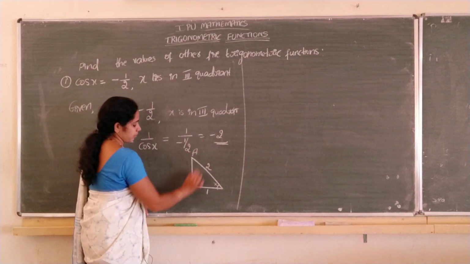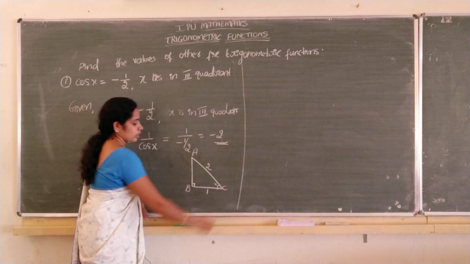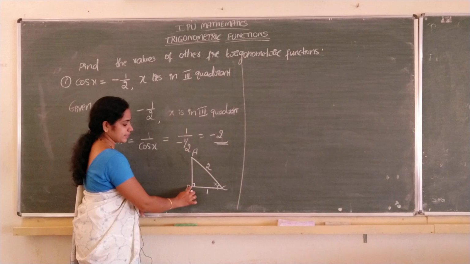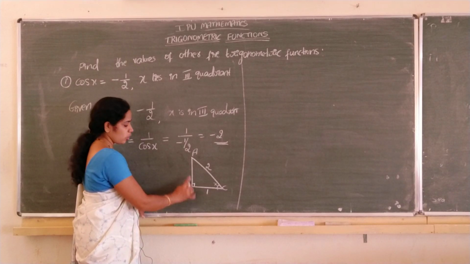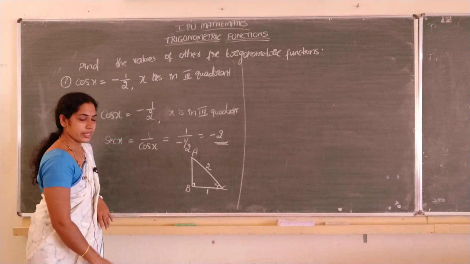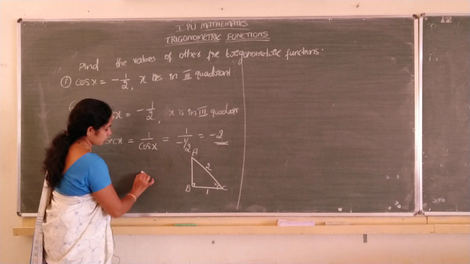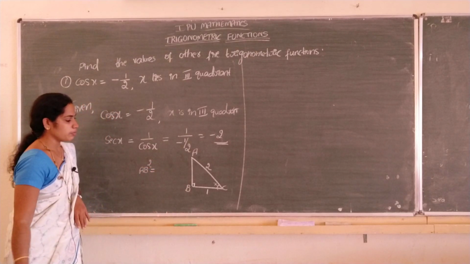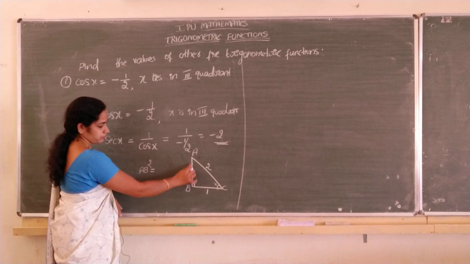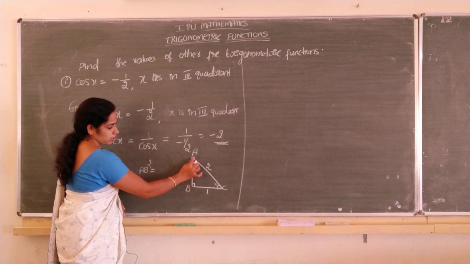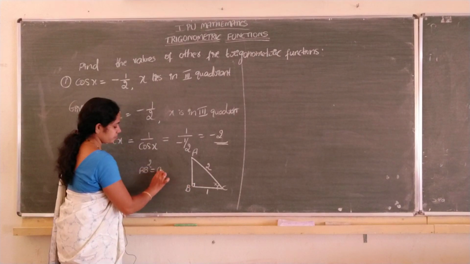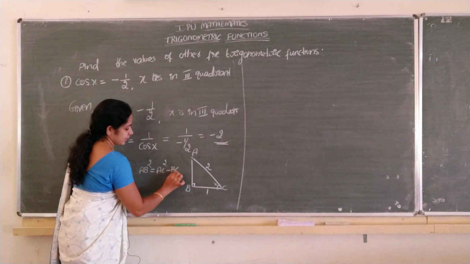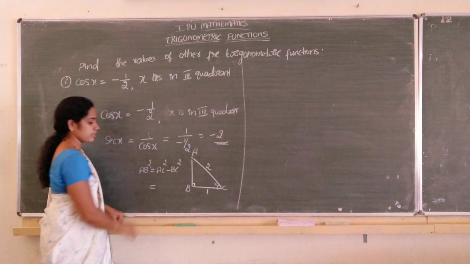Let us give the name A, B, C. We need AB square, correct? How can we find out AB square? Here AB square is equal to, by the Pythagoras theorem, AC square minus BC square, correct?